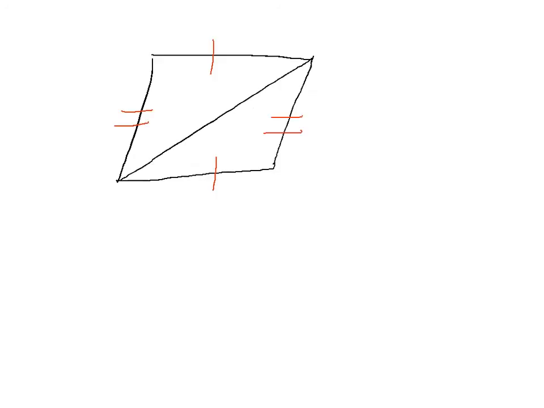You may also see a problem like this, where the two triangles are both drawn and the dimensions aren't explicitly given, but some of the parts are marked congruent. And you'll be asked, are the two triangles congruent? And right now it looks like we don't have enough information because there's only two sides marked congruent. We don't have the third side or any angles.